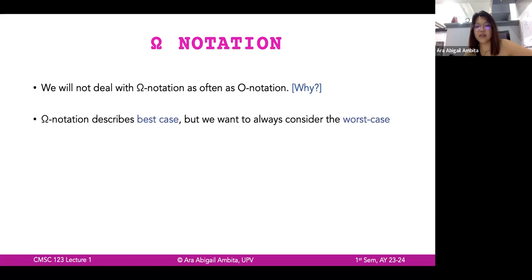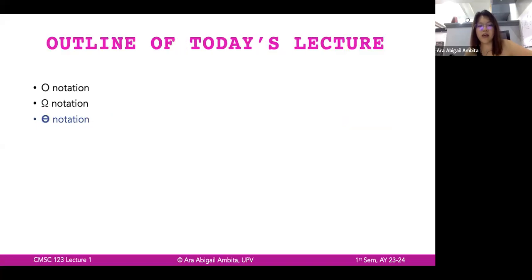Because the omega notation describes the best case. And often, to get the best case, the inputs are trivial or it's meaningless when we use it for analyzing the algorithm. We want to always consider the worst case, and we do that by using the big O notation. Okay, and now what about the theta notation?